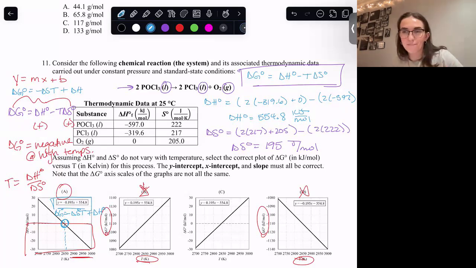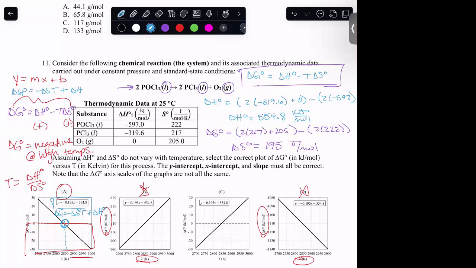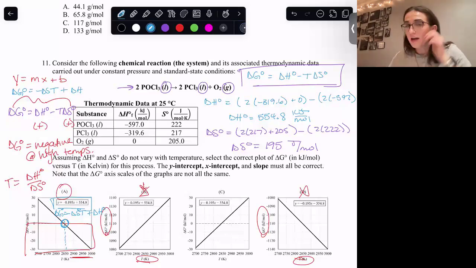Okay. Is there a way to work backwards with the temperatures? Oh, yeah, 100%. So, with this multiple choice question, you can take the graph that's given to you.